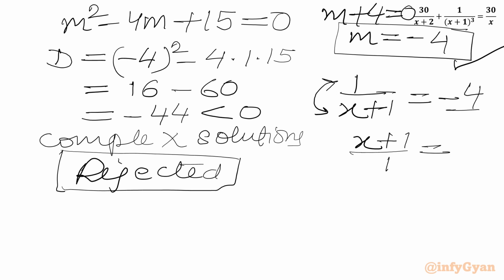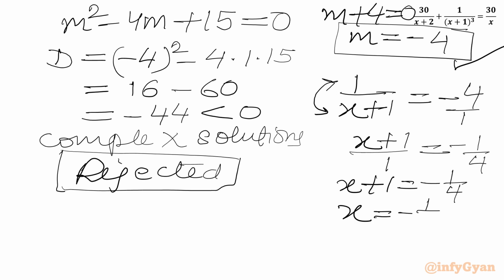RHS we will see minus 1 over 4. Or we can write x plus 1 equal to negative 1 over 4. Subtract 1 from both sides. We will get x equal to negative 1 over 4 minus 1. So we will get our answer x equal to negative 5 over 4.